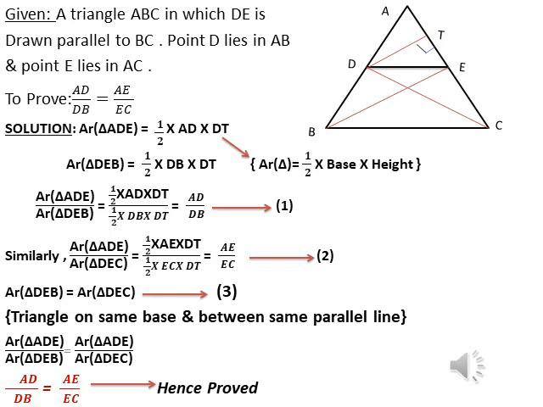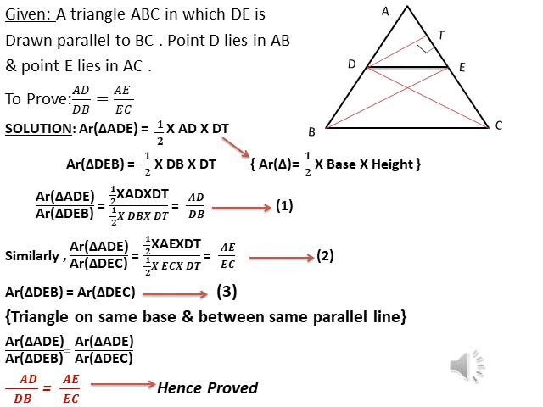Now in the recap we have seen that two triangles on the same base and between the same parallels are equal. Now in this figure, can you see triangle DEB and triangle DEC? Both are on the same base DE and between the parallel lines DE and BC.